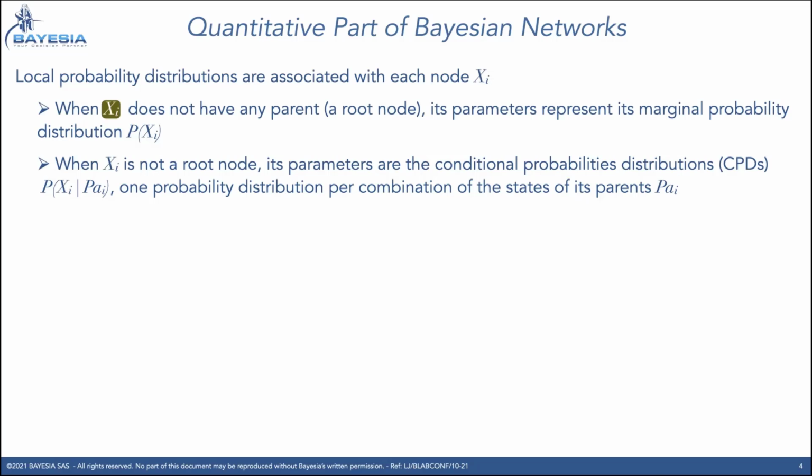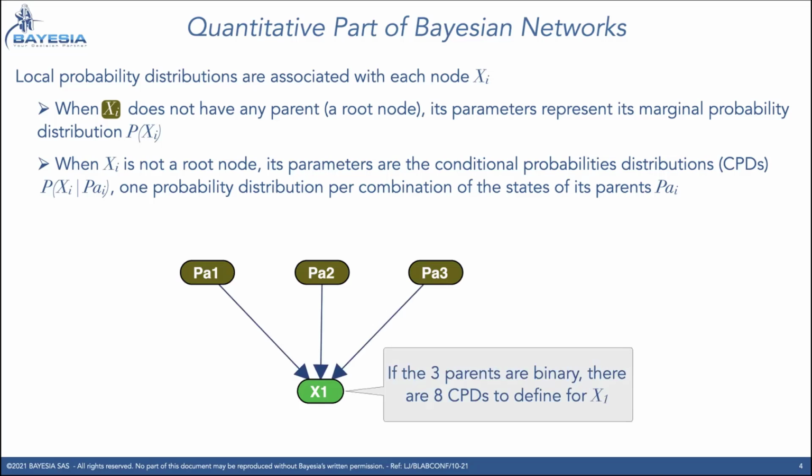You are going to have one probability distribution per combination of the states of the parents you have chosen. In this very simple example, I have X1 that has three parents. If we have three binary, Boolean parents, we're going to have 8 combinations, so 8 conditional probability distributions to define.